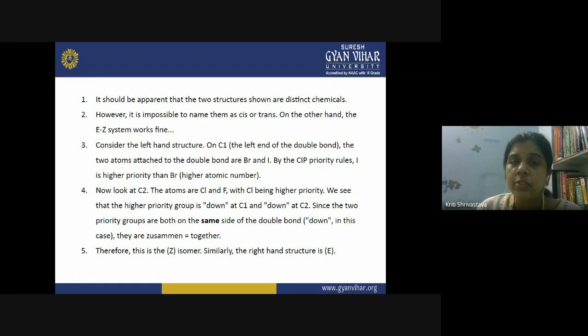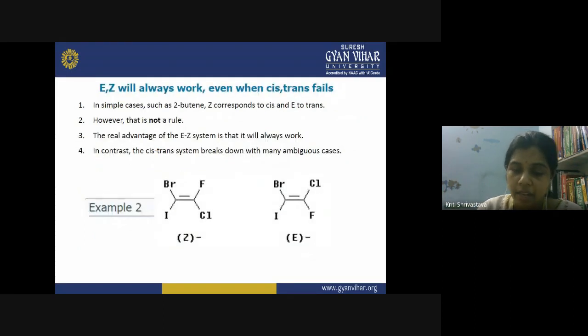So now we will use the EZ system, and when you are assigning the priority according to the atomic number, like I told you, you will give iodine first, then bromine second, then chlorine third, and fluorine fourth. When the two groups of highest priority are on the same side, you call it a Z, right? And when they are on the opposite side, you call it E. So look at the structure again.